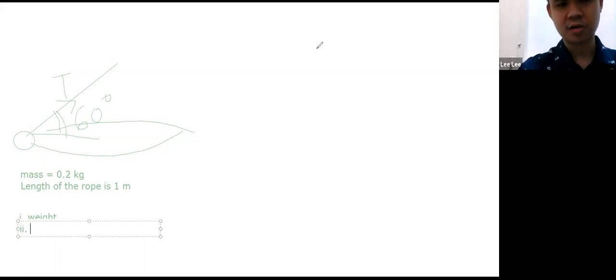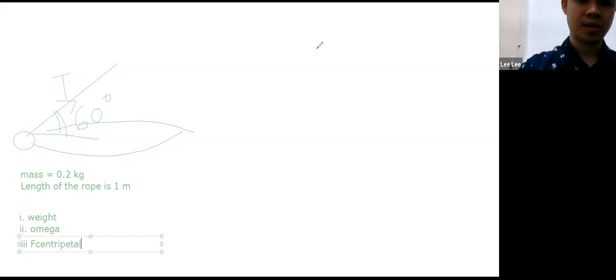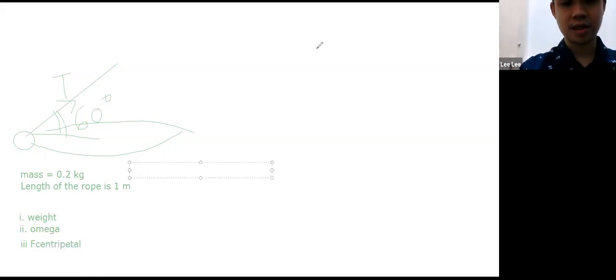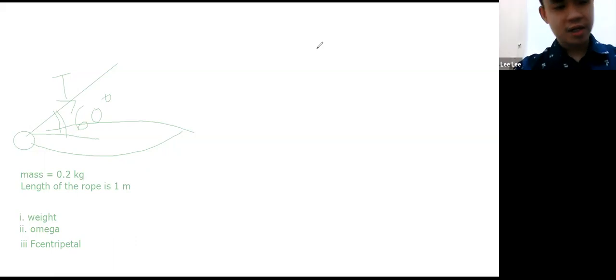After that, the question asks you to calculate the omega. And the last one is the centripetal force, and the radius is not given. Okay, so from that information, if your object is strung like this, does it move vertically?